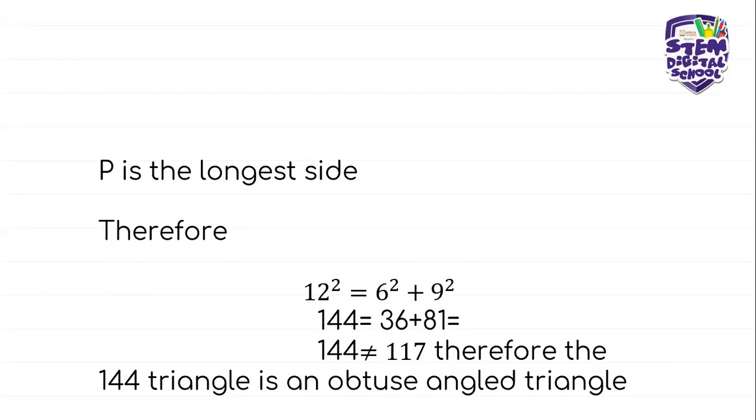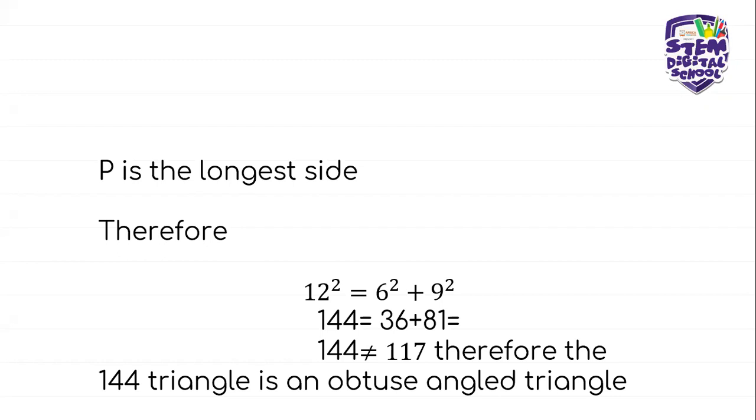And let's go now to the right-hand side. The right-hand side, you have 6 squared, which is 36, plus 9 squared, sorry. 9 squared is 9 times 9, which is 81. And thereafter, you add the 2.